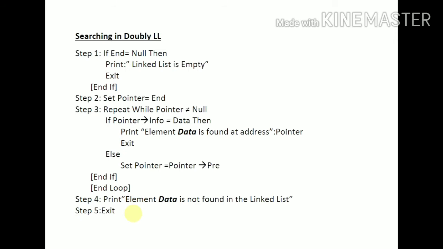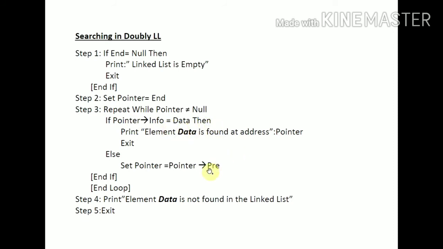Now, if you are doing the same algorithm from the starting part, what changes will come? The first change is that the begin pointer will come instead of the end pointer. The same condition: begin equal to null means the linked list is empty. Instead of end, begin will come. The same check, pointer info equal to data.